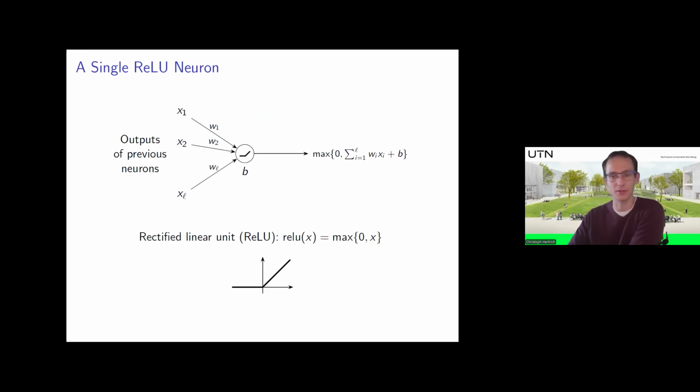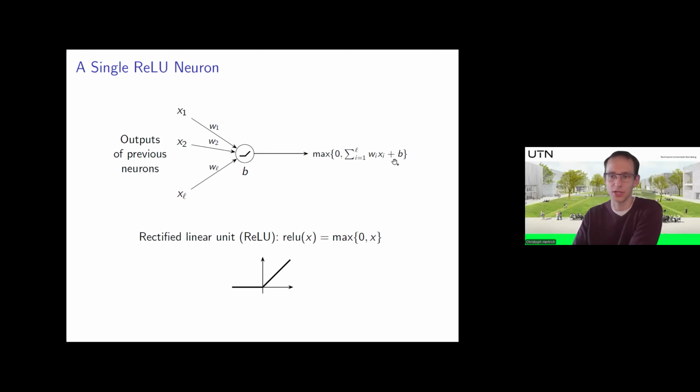So let's look at a single neuron. So what is a neuron? It is basically a node in a directed graph. And yeah, so it kind of receives inputs from previous neurons, which output some numbers. And then on the edges, there are some weights. And then we take the weighted sum of the outputs of the previous neurons with the weights.